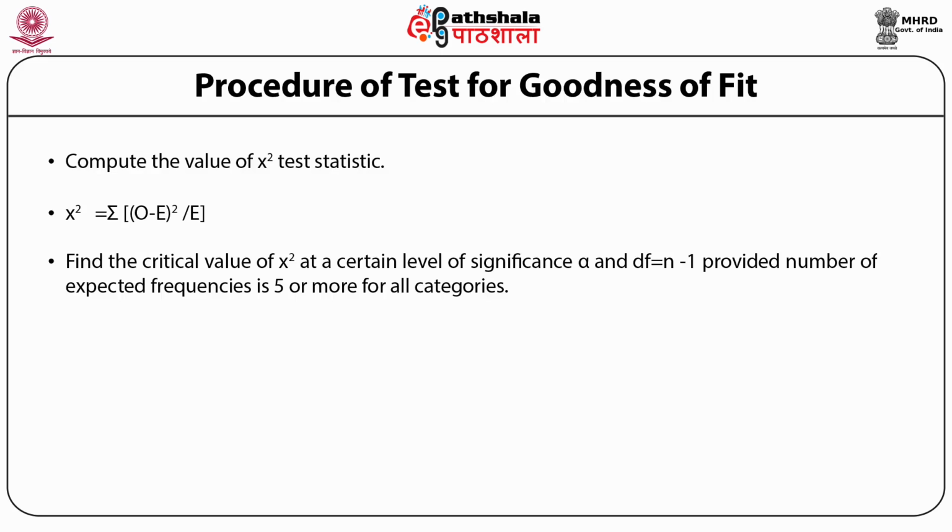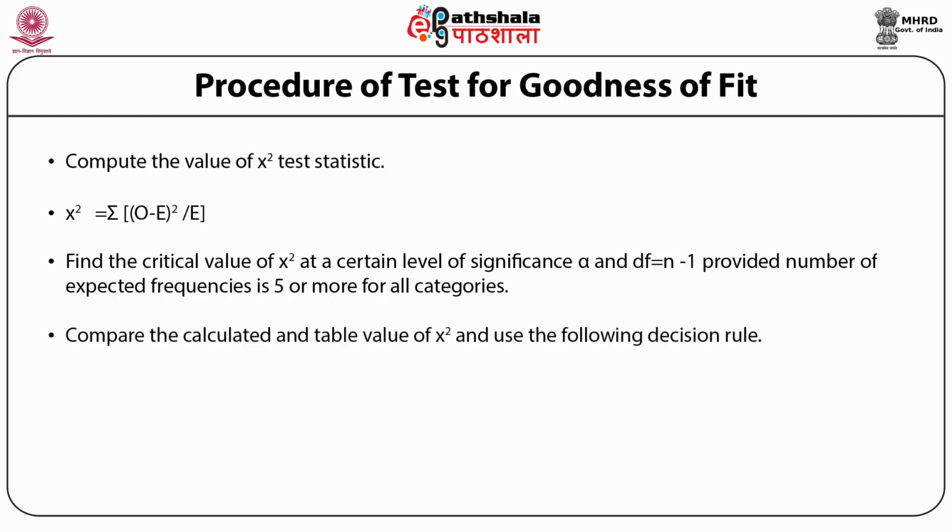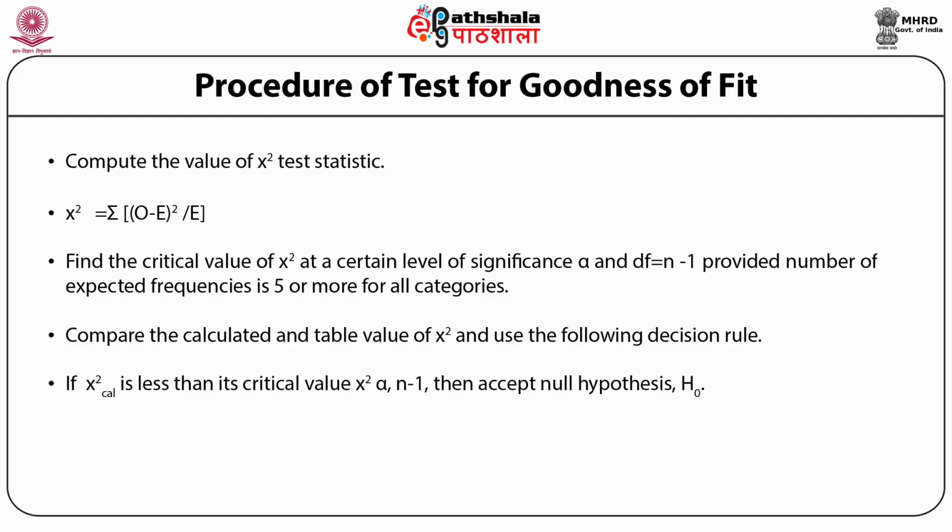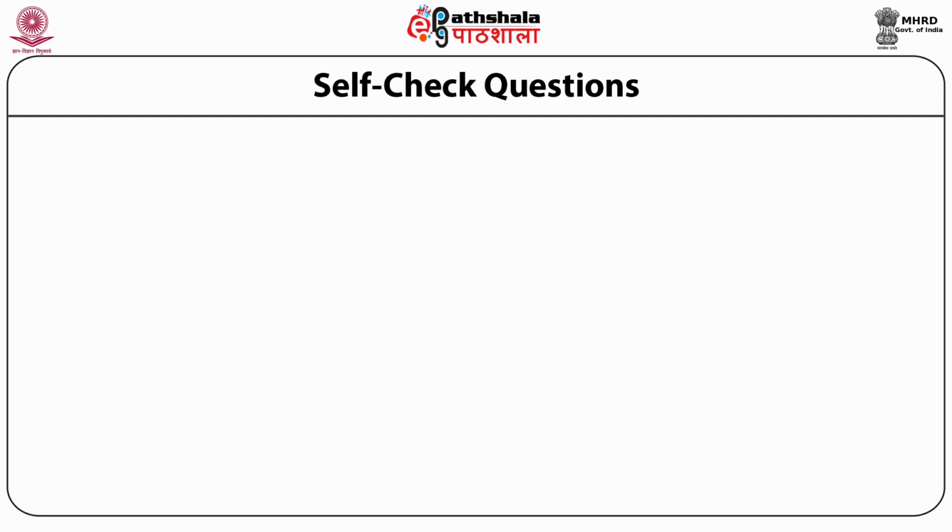Then you compare the calculated and the table value of chi-square and use the following decision rule. If the calculated chi-square is less than its critical value at the given degrees of freedom and level of significance, then accept the null hypothesis H0. Otherwise, reject H0. Let us take some examples to understand this theory further.